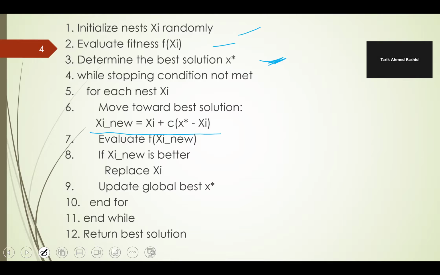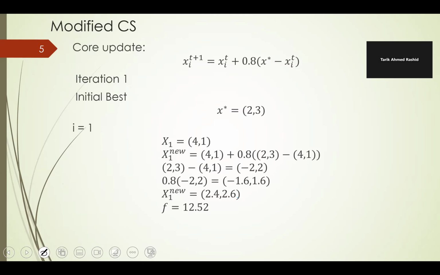And we evaluate it. If it's better, we keep it, we replace it, and we keep the best solution. Then this goes for the second one and third one until the loop ends. When the final iteration is met, we stop there and return the best solution.